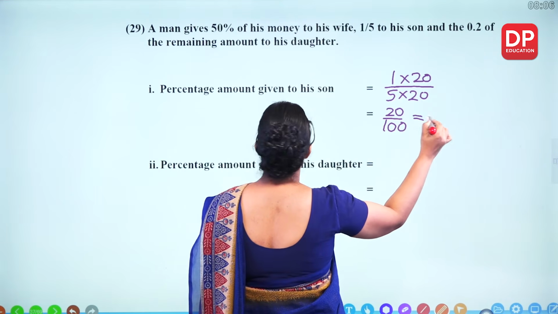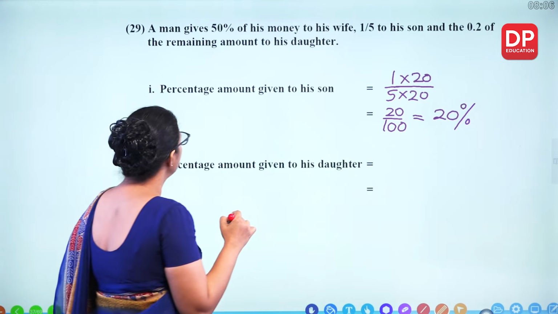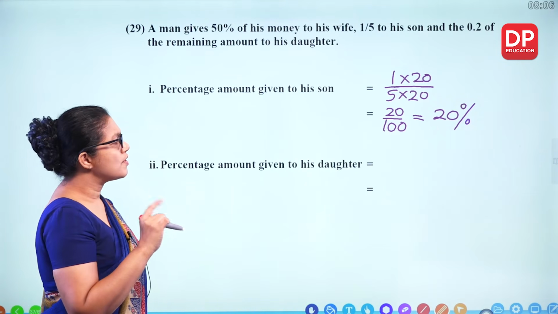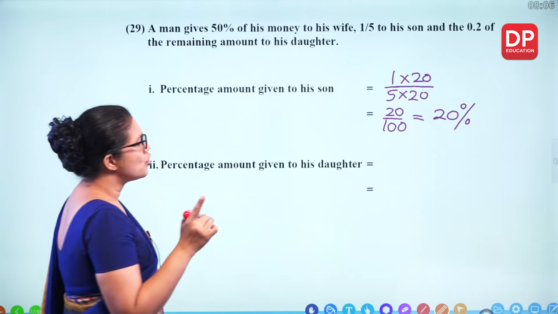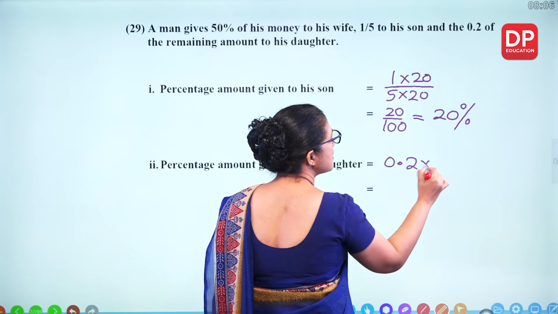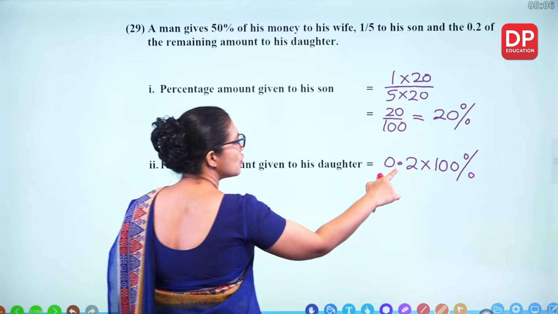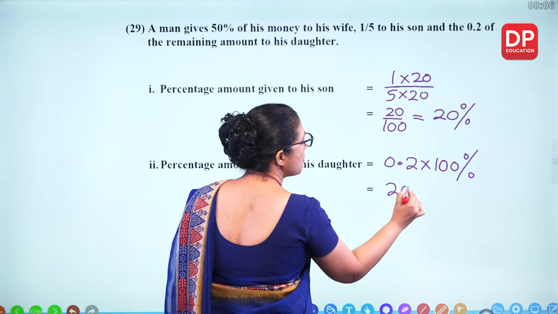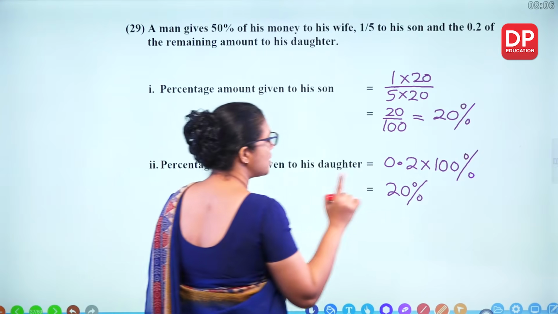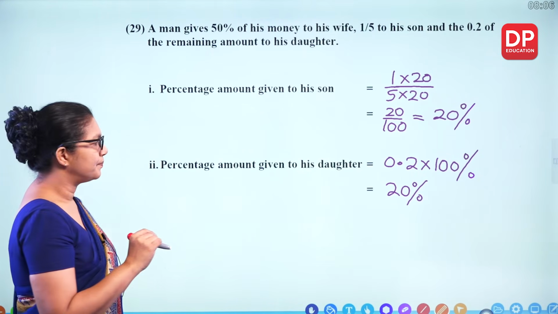That means 20% given to his son. Percentage amount given to his daughter? 0.2. How do you convert to a percentage? Multiply by 100 and put the percentage sign. So you get 20%. So 20% for his son and 20% for his daughter.